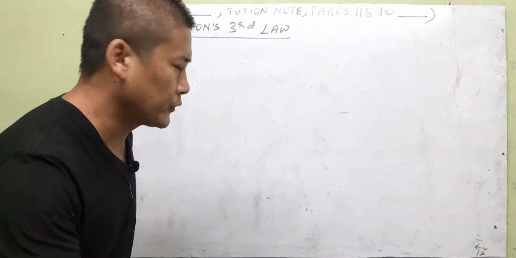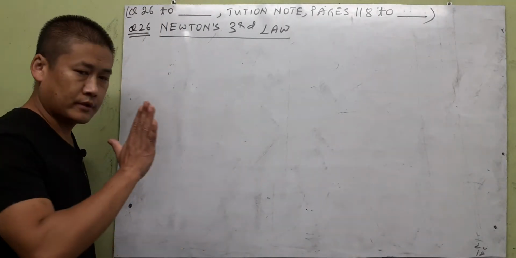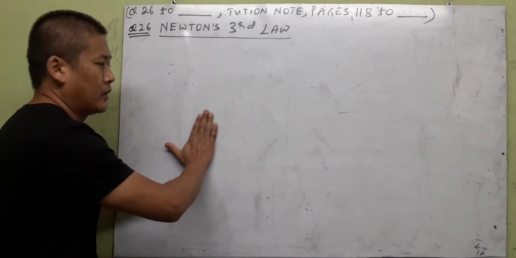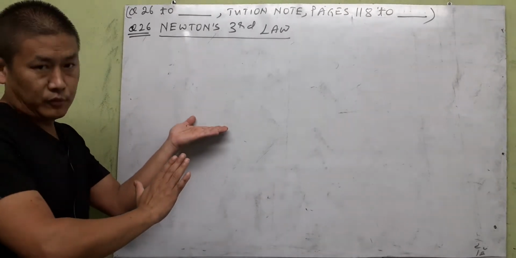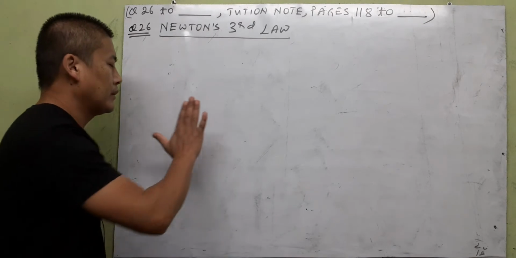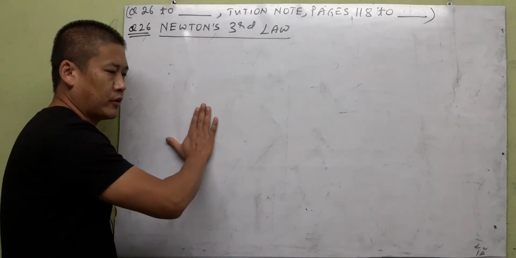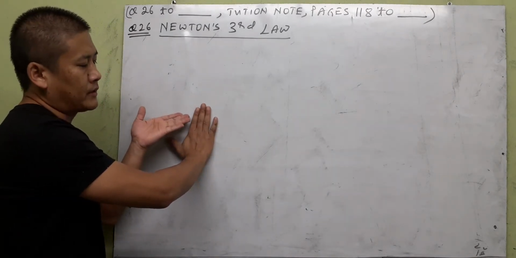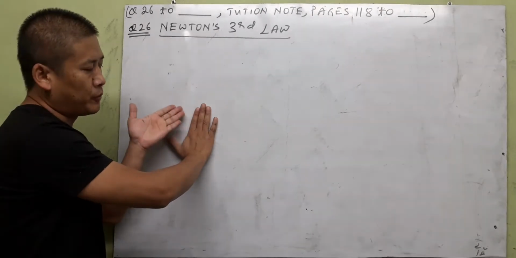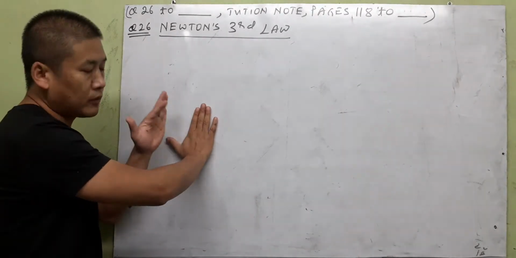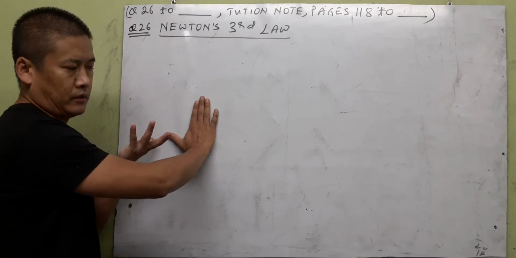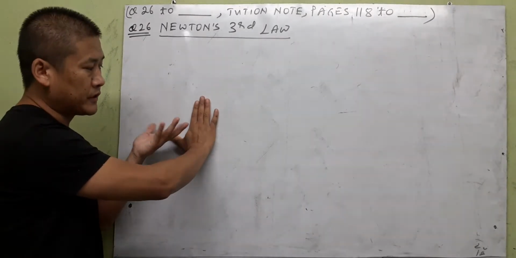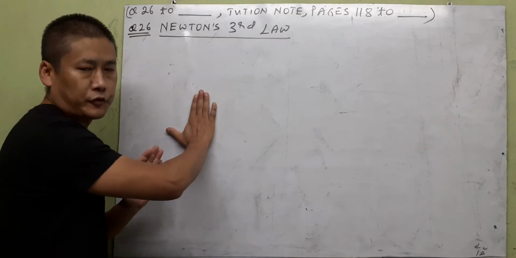So anytime two objects collide, for example, I press this board with a force. Now you see that the board is stationary. There is no movement here. So when a force is applied on this stationary board, the board also applies an equal but opposite direction force on my hand. When I apply a force on the board, by just simple observation, it seems as if only the hand is applying the force on the board.